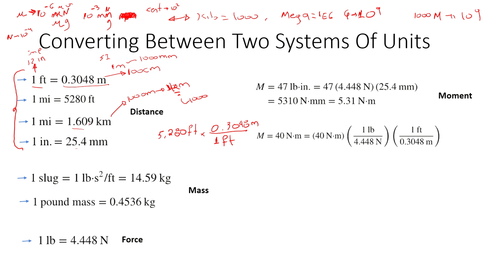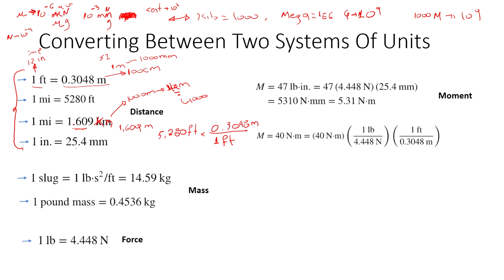Don't get confused: in the international system of units, if you take away the kilo, it is 1,609 meters, and the kilo multiplies by 1,000, so it is 1.6 kilometers. So 1 mile is 1.609 kilometers. Okay, so those are the units of distance.